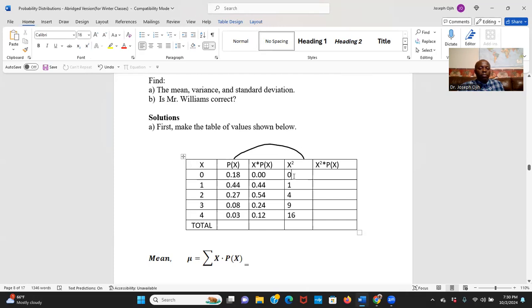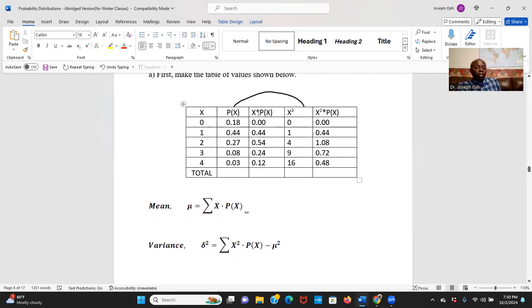X squared multiplied. So now we have 0 times 0.18 is 0.00. 1 times 0.44 is 0.44. 4 times 0.27, I got 1.08. I got the rest of them just like that. I got 2.72. I got 0.48.